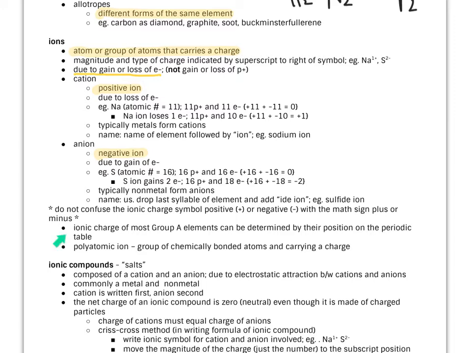And the ionic charge of most, not always, but of most group A elements, so if you're looking at your handy dandy periodic table, group A, I'll remind you, is groups 1 and 2, and groups 13, 14, 15, 16, 17, and 18. So none of the transition metals, those are group B. Group A is everything else, and they can be determined by their position on the periodic table.